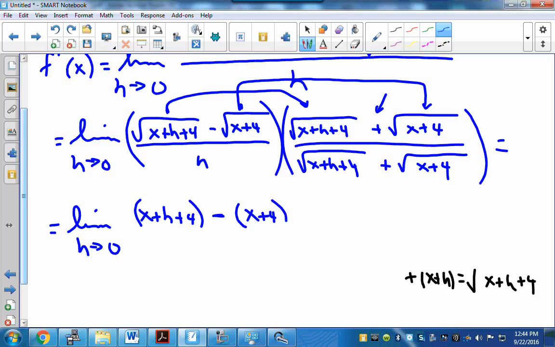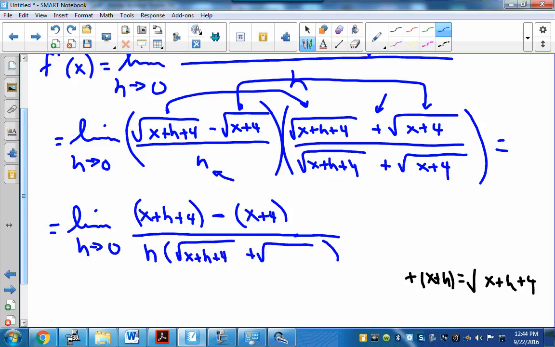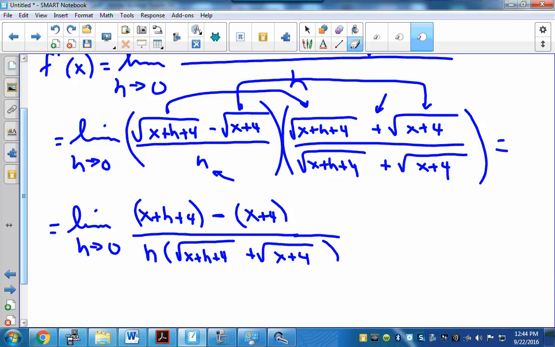And you do need those parentheses there. On the bottom, I'm not going to multiply this out. I'm just going to leave the h from here and indicate the multiplication as the square root of x plus h plus 4 plus the square root of x plus 4. Hopefully, doing this, everything cleans up.